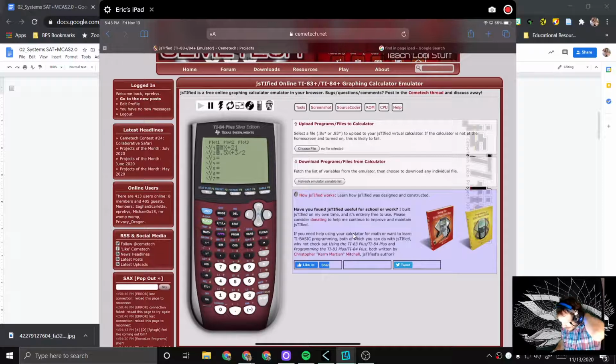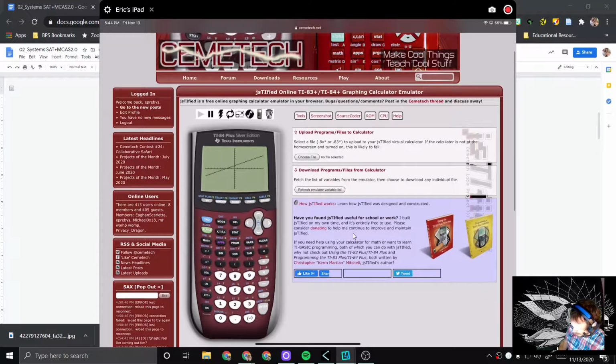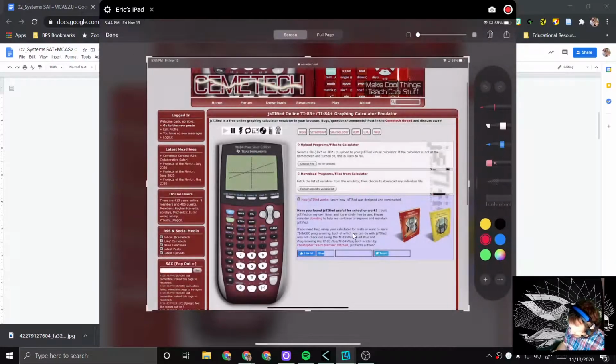Well, let's go back and look at it. That first one, look at that value, that 21 there. It is way up above, way up here. So how do I do that? Well, I want to change my window settings, right? The y-intercept is way up here at 21.